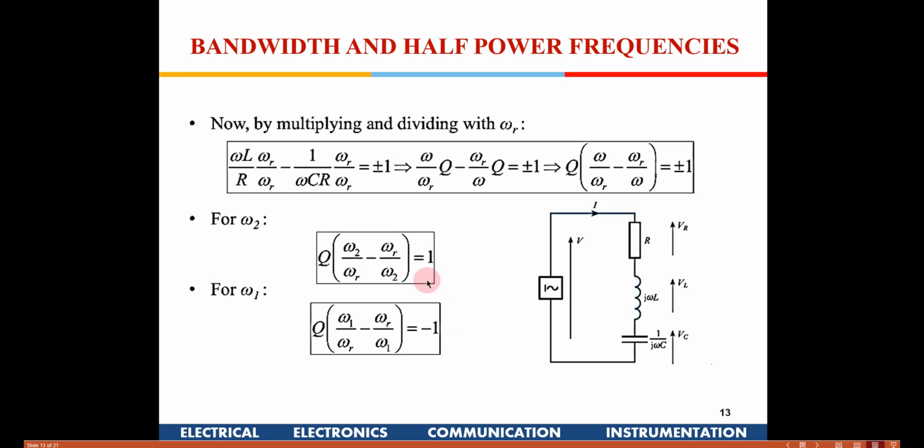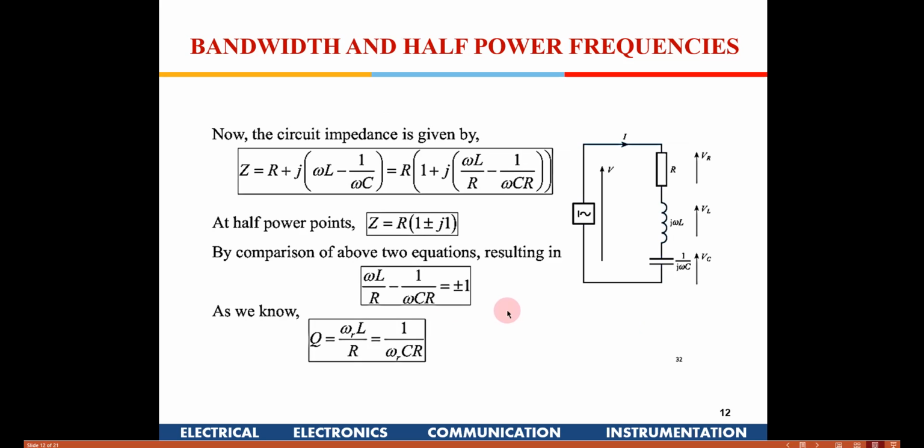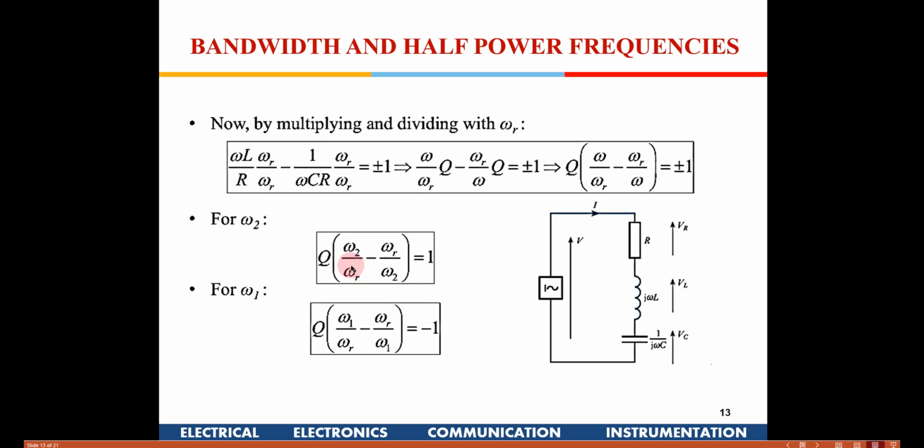By using these equations, I'll share these slides. These are all simple mathematics. The only thing is, if Q is known and omega r is known, then by using these two formulas we can compute the values of omega 2 and omega 1. You have an RLC circuit from which we know omega r: omega r is equal to 1 by root LC.